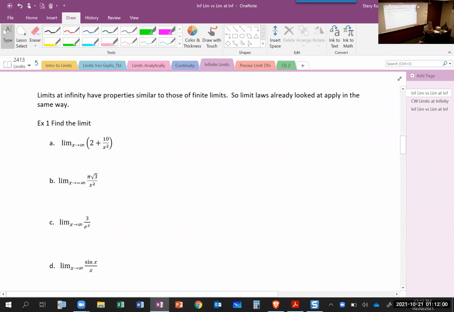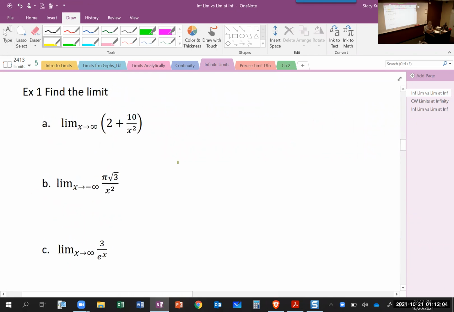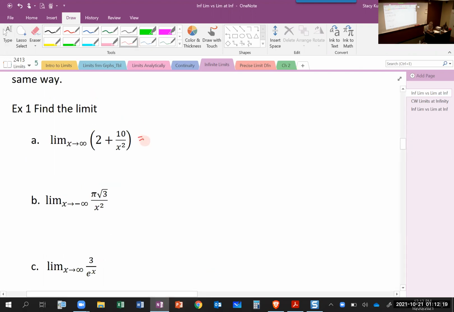Let's look at these examples that we have here. I want to find the limit as x approaches infinity of the function 2 plus 10 over x squared. Now, I don't know that you're going to do this all the time, but let's take this piece by piece for just a second.